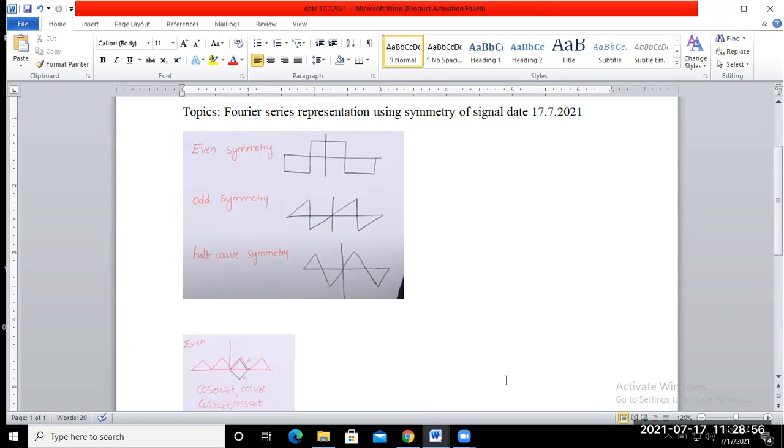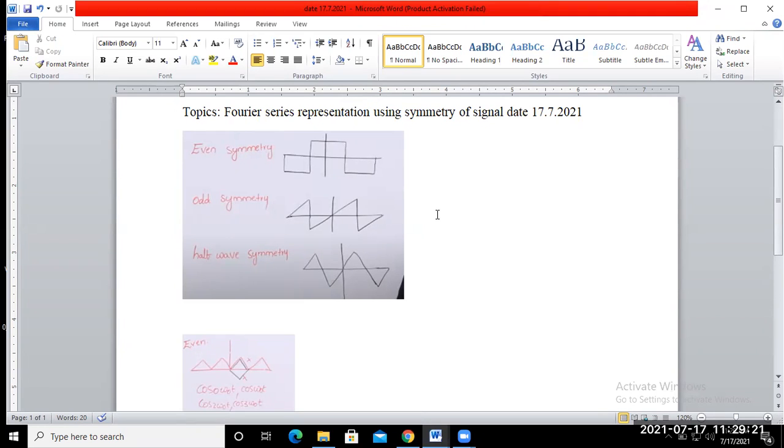In the conventional method, you have to find all the coefficient terms, that means a0, an, bn, and then put them in the standard formula. Then you will get the Fourier series representation. But if you know the symmetry of the waveform, then you are able to reduce your calculation.